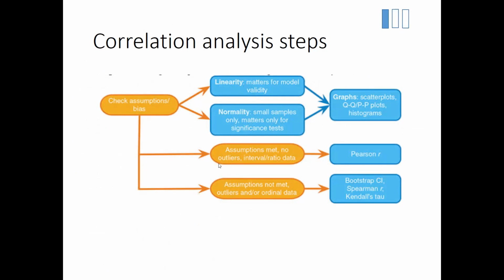So if the assumptions are met, and we don't have any outliers, we are, of course, looking at interval and ratio data, right? Test scores, number of hours studying. So we can use a Pearson's R. If we don't meet those assumptions, then we do have to consider a non-parametric approach, which we're not going to do tonight. We're going to assume we're doing parametric analyses, but the non-parametric options are Spearman's R or Kendall's Tau.